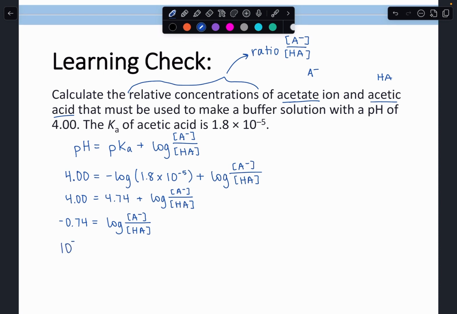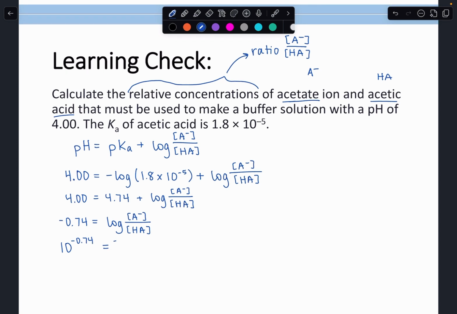So 10 to the negative 0.74 is equal to this ratio, A minus over HA. And this is 0.18.